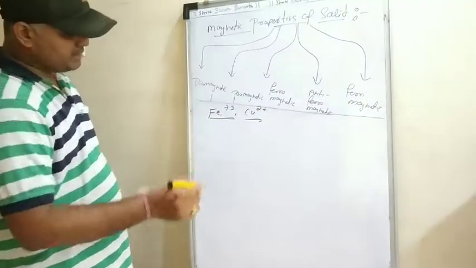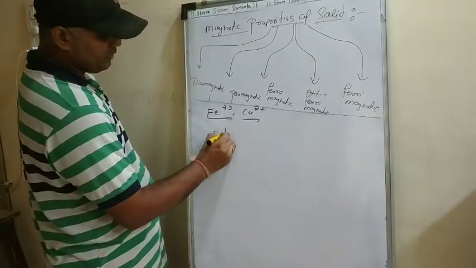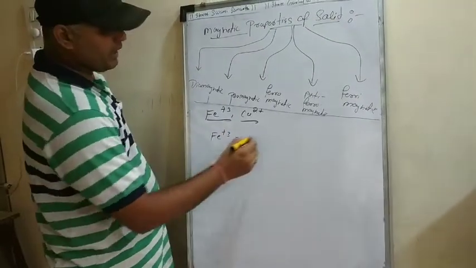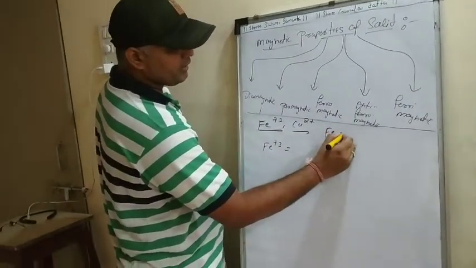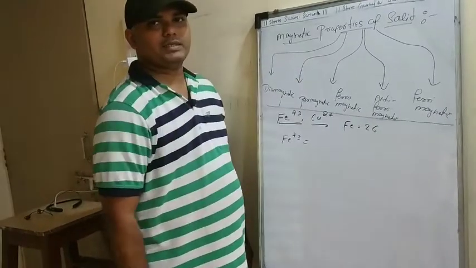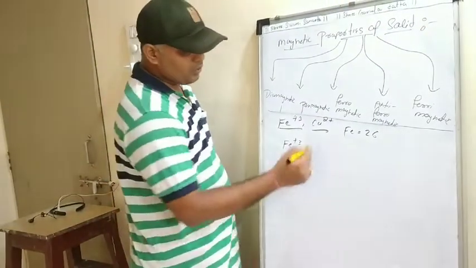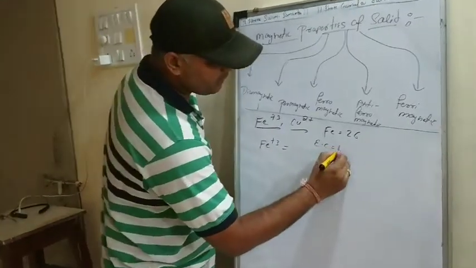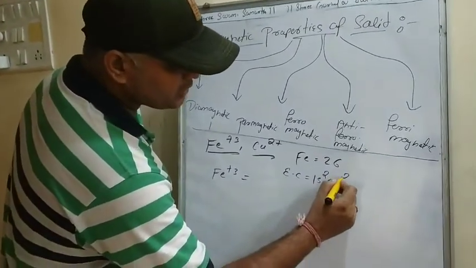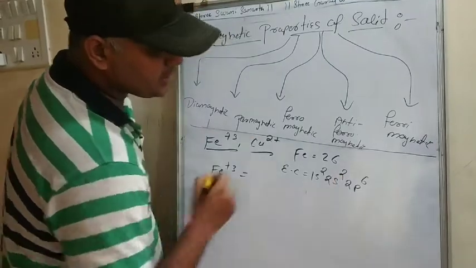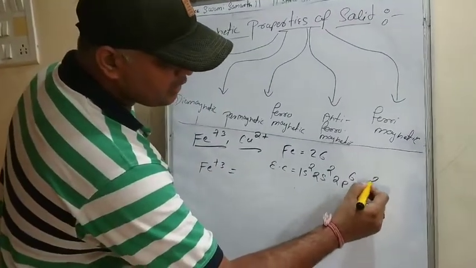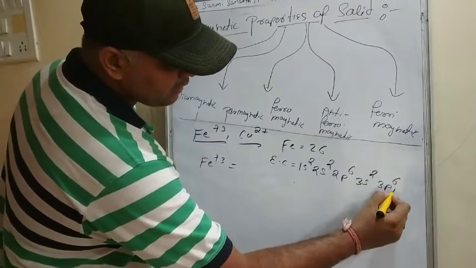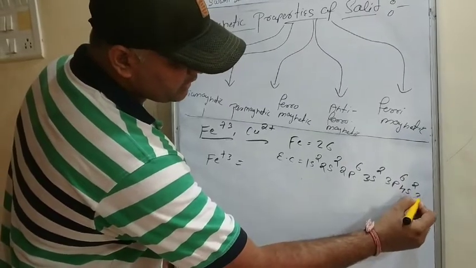Now let's take the example of Fe3+. We know that Fe has the atomic number of 26. So what will be the electronic configuration? The electronic configuration will be 1s2, 2s2, 2p6, then 3s2, 3p6, 4s2 and 3d6.